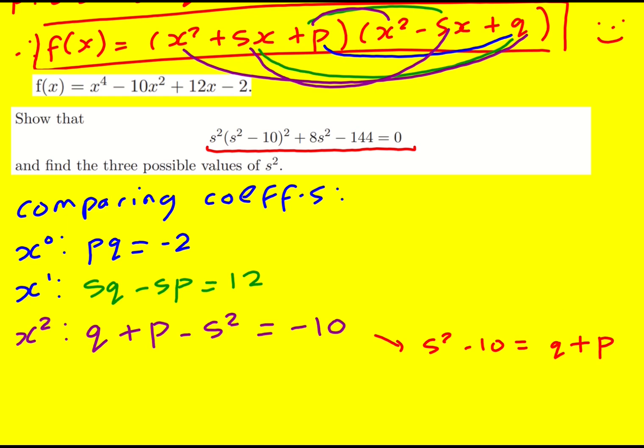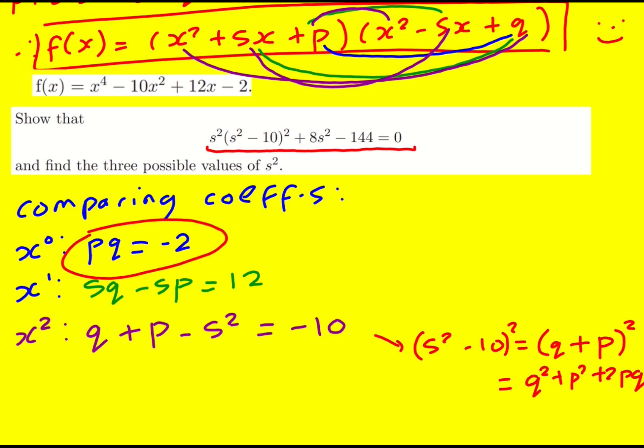And then I can see in the answer I've squared it. So if I square it, I'll have q plus p all squared. Let's expand that for a minute. I'll get q squared plus p squared plus 2pq. I can start to see how this might be useful because I've got a pq here, so I can replace that in a minute.